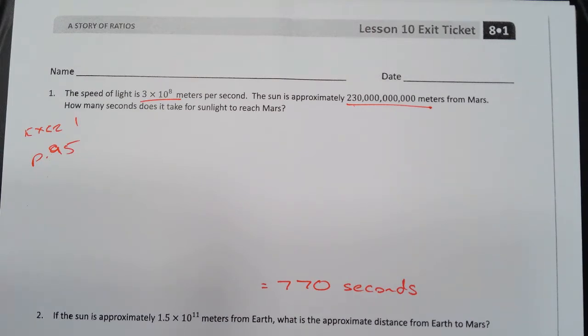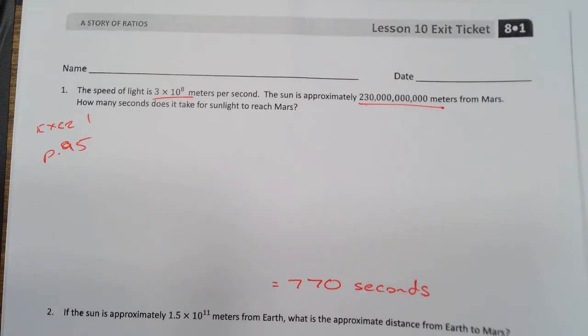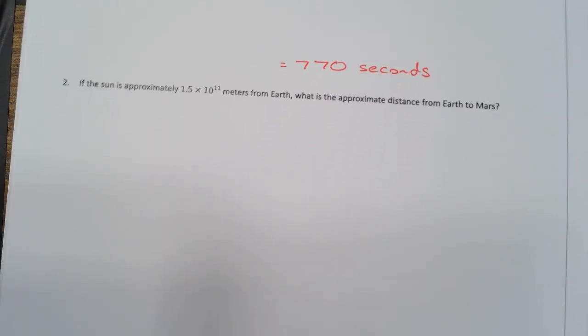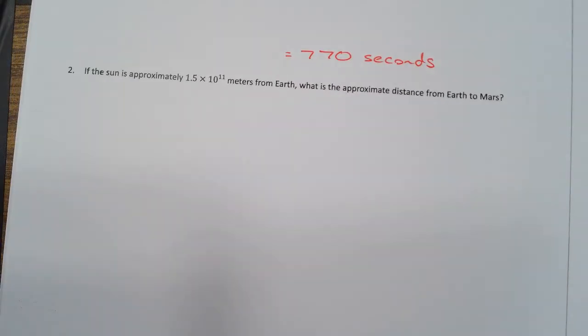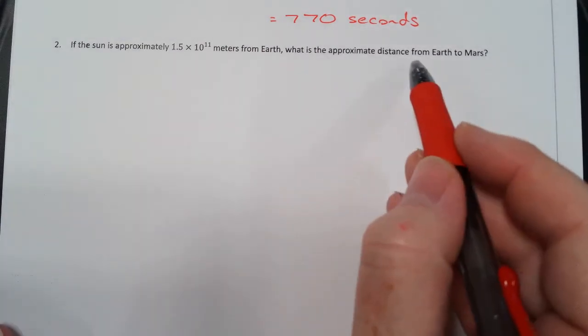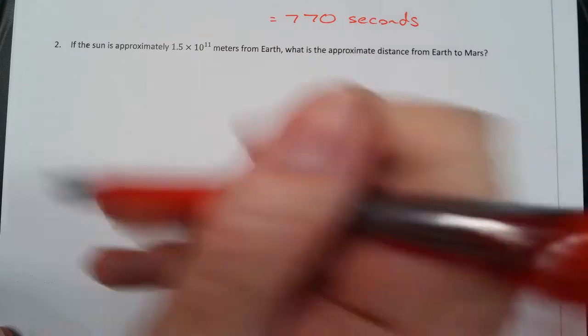Now for this one, exercise 2 on the exit ticket says, if the sun is approximately 1.5 times 10 to the 11th meters from Earth, what is the approximate distance from the Earth to Mars? So you need to know how far away is Earth from Mars. So let's draw a little diagram.